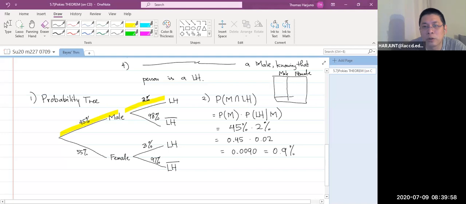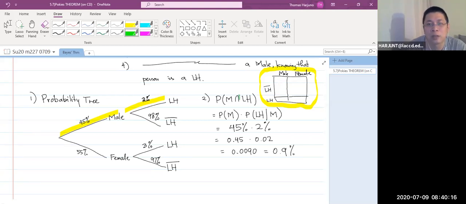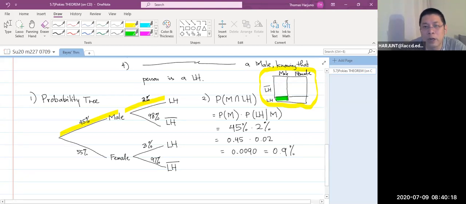A small portion of this is also left hand. So left hand here, not left hand here. Try to imagine this situation. If you select from this group as a whole, what is the probability you end up with this color here? And the answer is 0.9%.